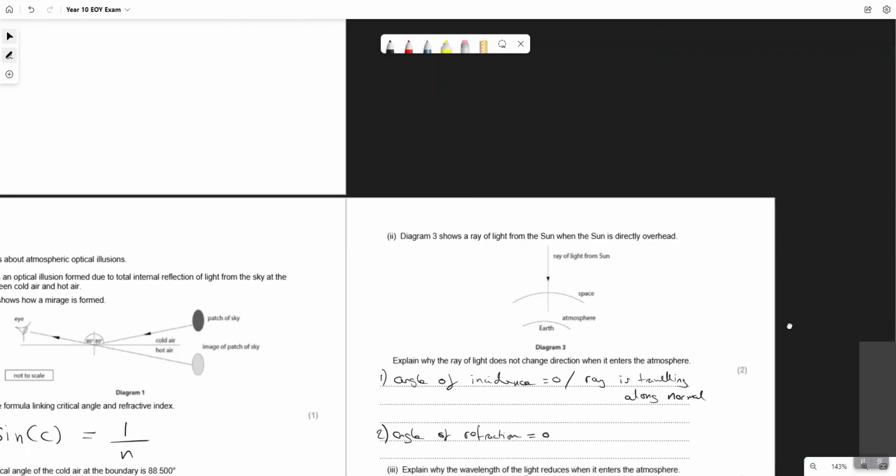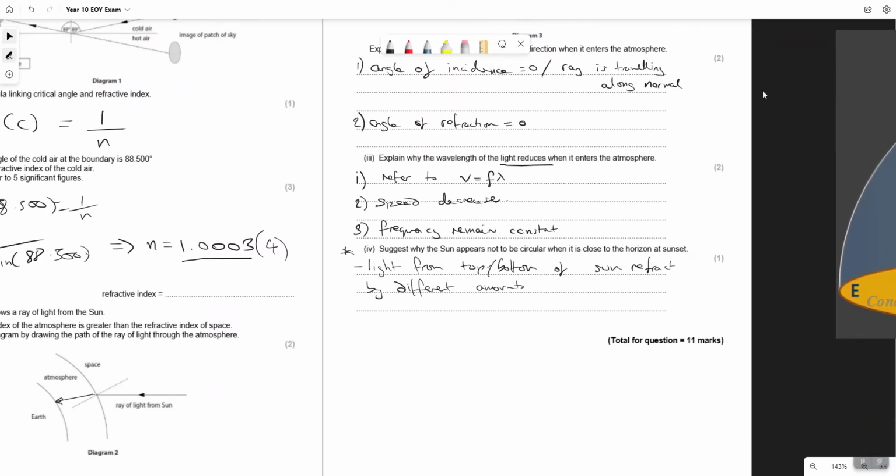The other possible marking point that was allowed, without even making a reference to this top and bottom thing, is that light refracts more when close to the horizon, as the angle of incidence increases.